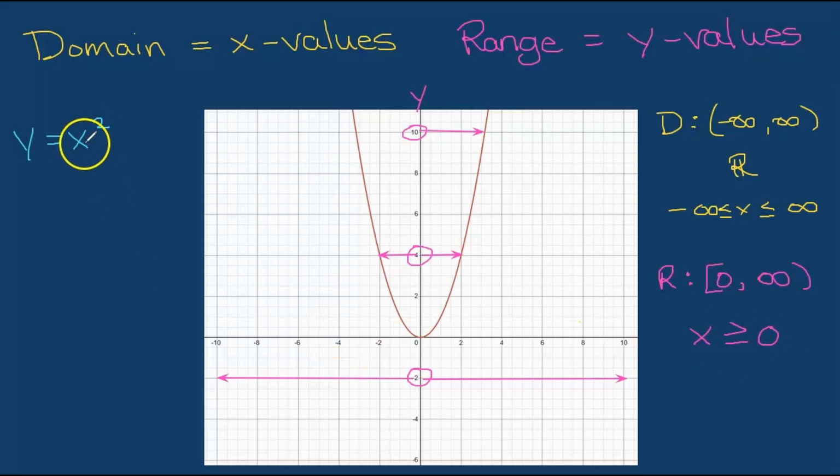If I put 0 in for x, 0 comes out as y, and (0, 0) is our very first coordinate point, the vertex of this parabola. So our range is y is greater than or equal to 0, or from 0 inclusive to positive infinity. Let's do another one.